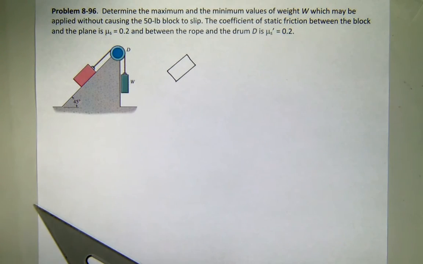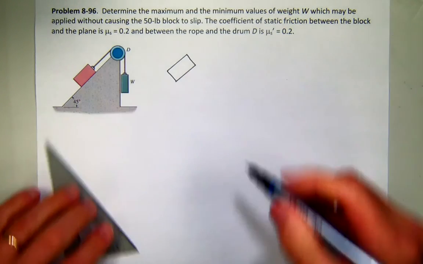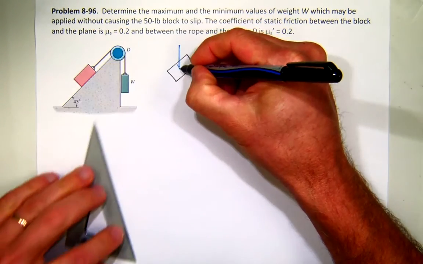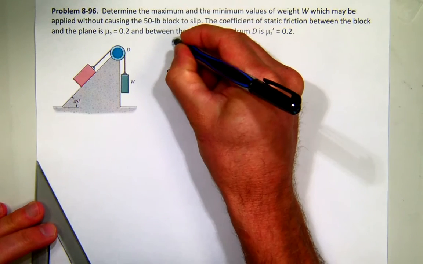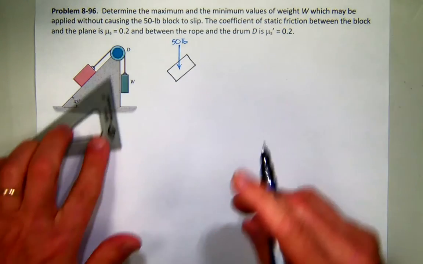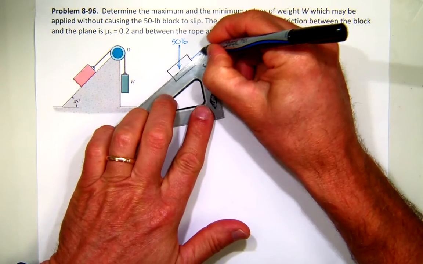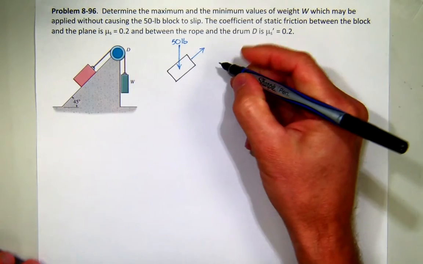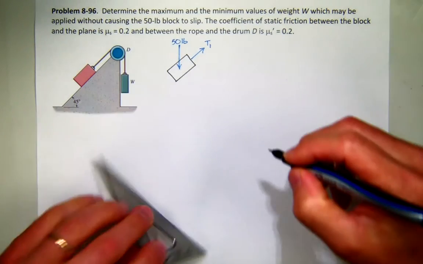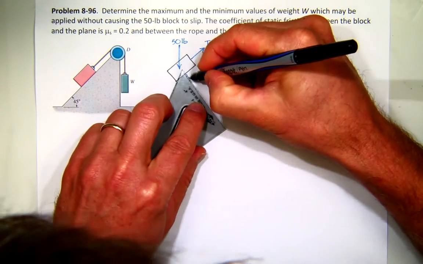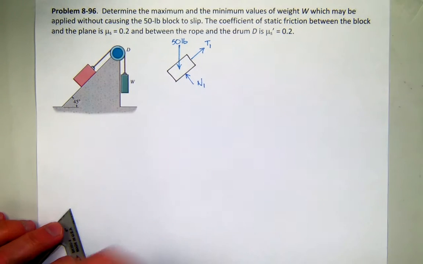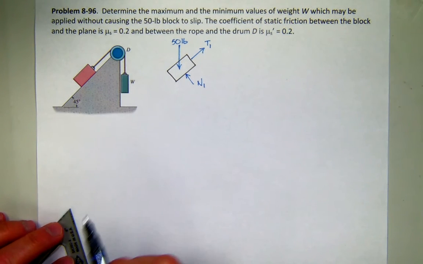It weighs 50 pounds, acting through its centroid in the center there. We've got a tension force in the cable, I'll just call that T1. And then we have a normal force, I'll call that N1.